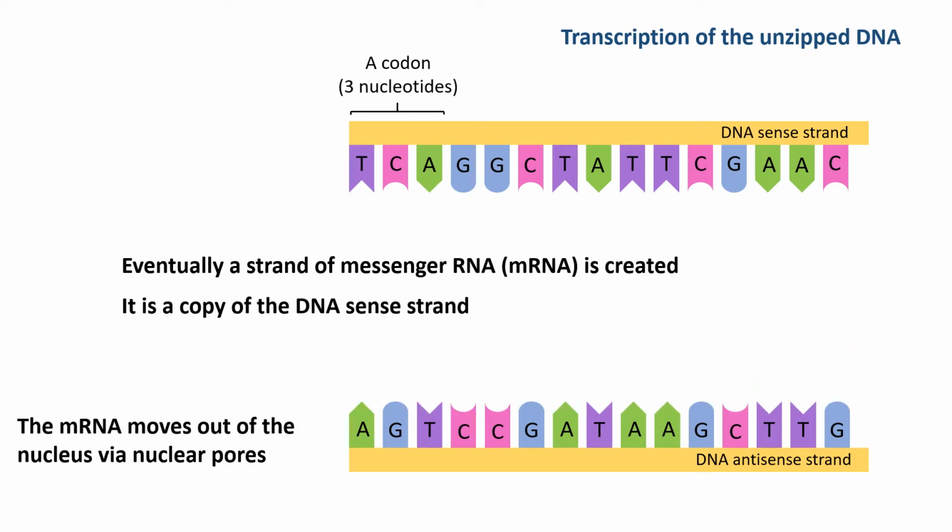That messenger RNA is now our template. It moves out of the nucleus via the little nuclear pores. And generally, the other side of the nuclear pores, we have our endoplasmic reticulum. Closest to the nucleus, it's called rough endoplasmic reticulum because it's studded with ribosomes.